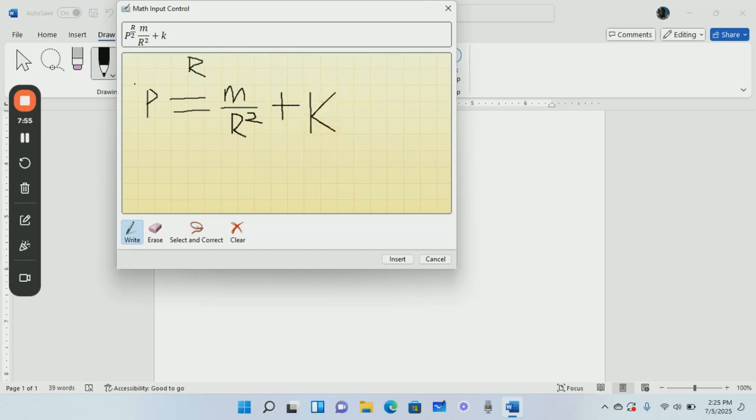So this is the question you're given. It says you make r, this r, the subject.